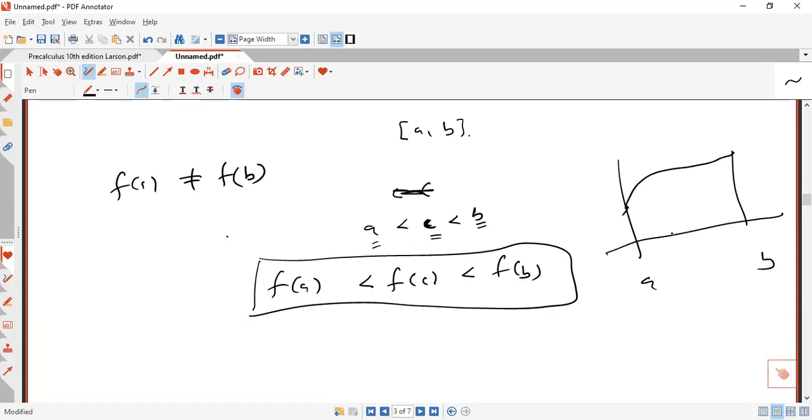Here we have infinitely many C; if you take any C, this f of C will always be between f of A and f of B.